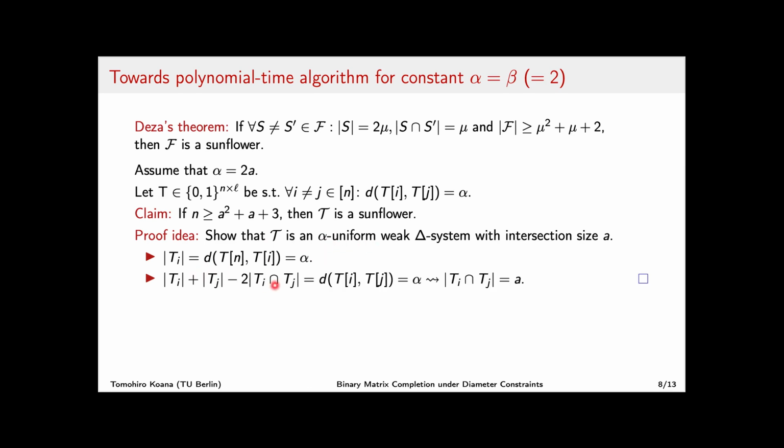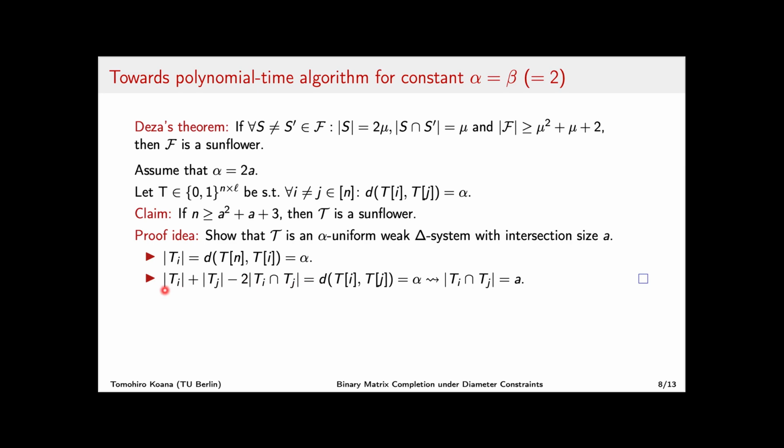Moreover, observe that the distance between Ti and Tj is equal to the cardinality of Ti plus the cardinality of Tj minus 2 times the intersection size between Ti and Tj.